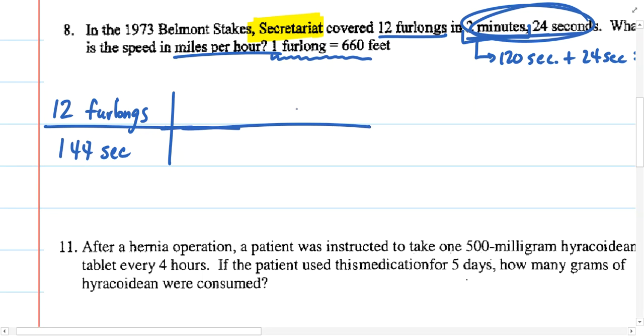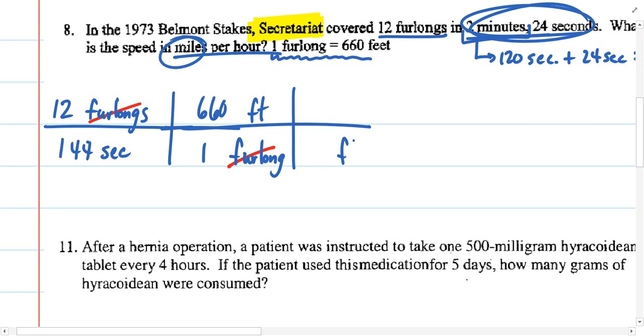So the first thing that I'm going to do, and order doesn't really matter here, is try to change this furlong measurement. I don't really know what that means, but evidently one furlong contains 660 feet. And as long as I start building my chart this way, I know that the furlongs will cancel. My goal is to get to miles per hour, so I'm now going to convert feet into miles.